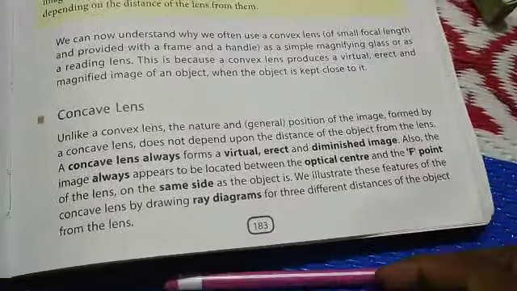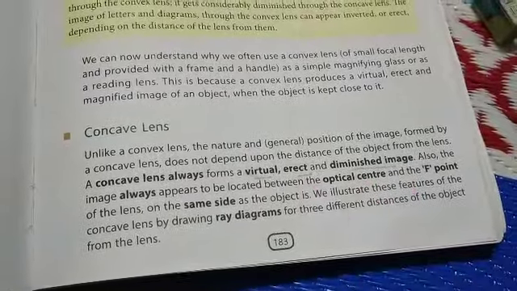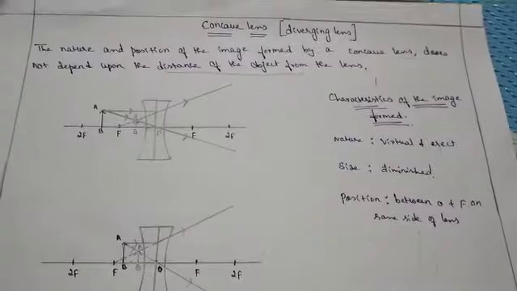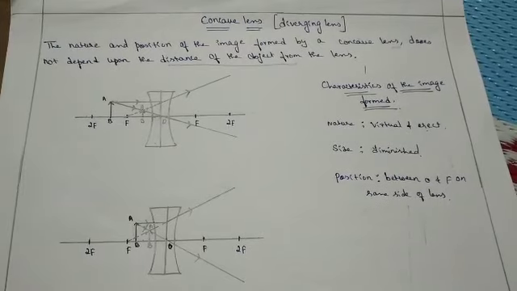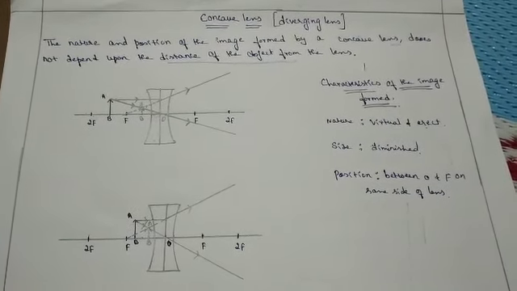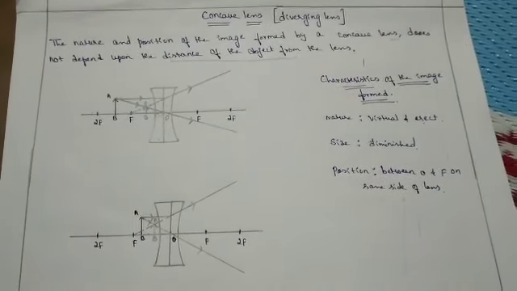And for the concave lens, it is clearly told that the characteristics remain the same, that is virtual, erect, diminished, irrespective of where the object is placed from the lens. So in today's class we have completed the concave and convex lens ray diagrams. In the next class we'll discuss the uses of lenses.